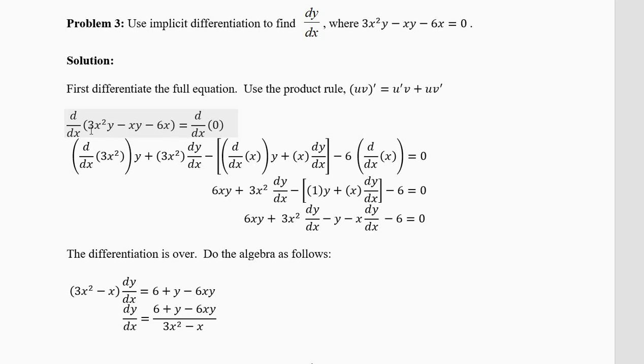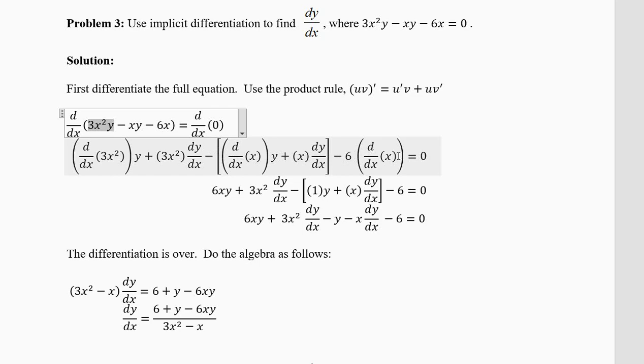Now you are multiplying two things here, 3x square and y: derivative of the first function into the second function plus first function into derivative of the second function. Take minus outside, differentiate xy: derivative of x into y plus x into derivative of y.